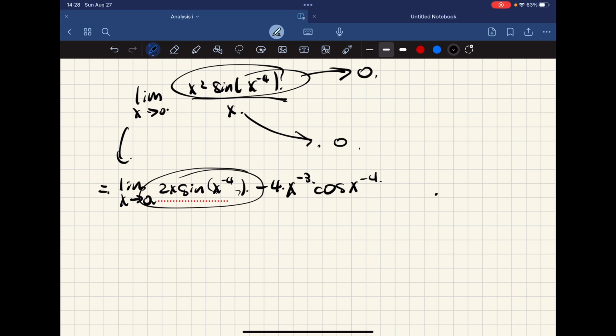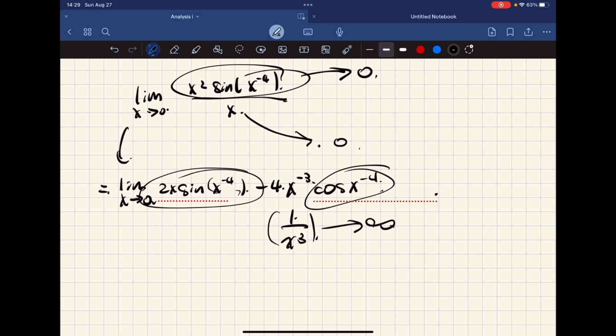The reason is that x to the negative third, that is 1 over x cubed, this term will blow up to infinity very, very fast. And cosine x to the negative fourth is a function that's oscillating, and an oscillating function times a function going to infinity, we can kind of imagine, well, we can actually prove this, but I'm not going to discuss the proof.